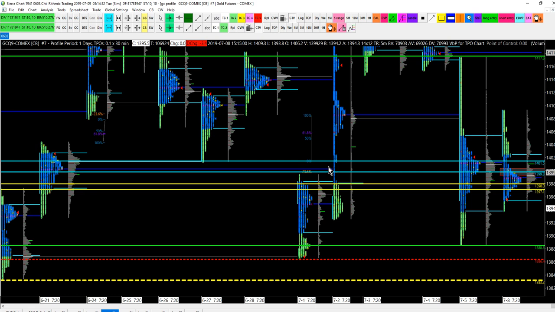I'm a big fan of Dalton, Mind Over Markets. I have absolutely nothing negative to say about them. It just takes time to learn this, and I've gotten very good over the 20 plus years that I've been doing this at figuring out which areas will be key support and resistance areas and which ones will be weak. So almost all my support and resistance areas come off of volume profile and TPO profile.